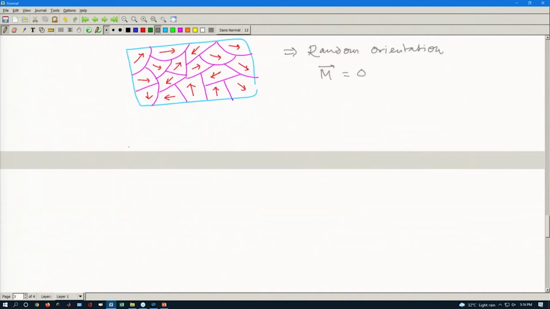So, I can say that the strong interaction among the neighboring dipoles makes something called exchange interaction, a quantum mechanical process.